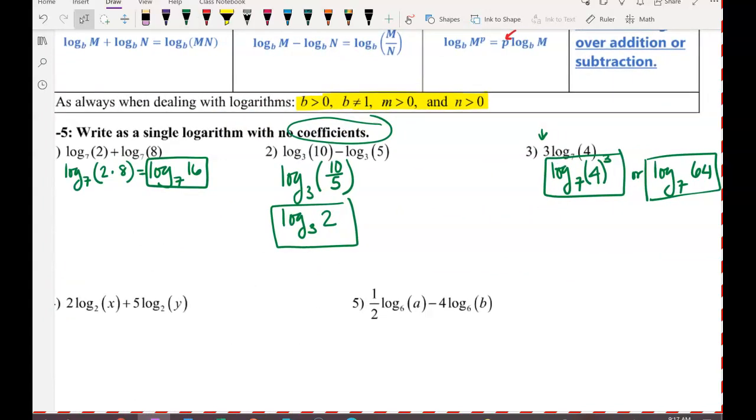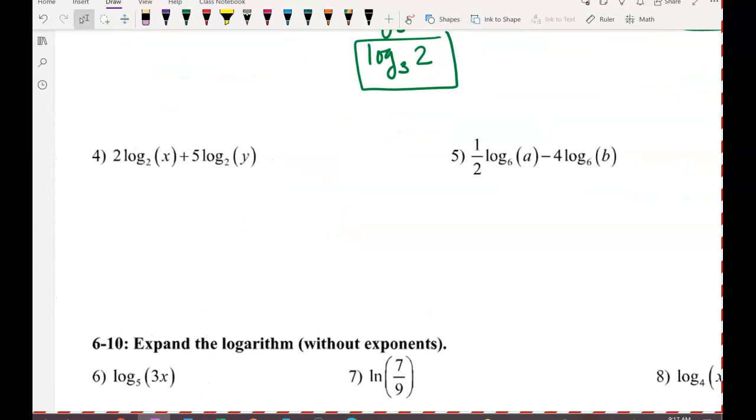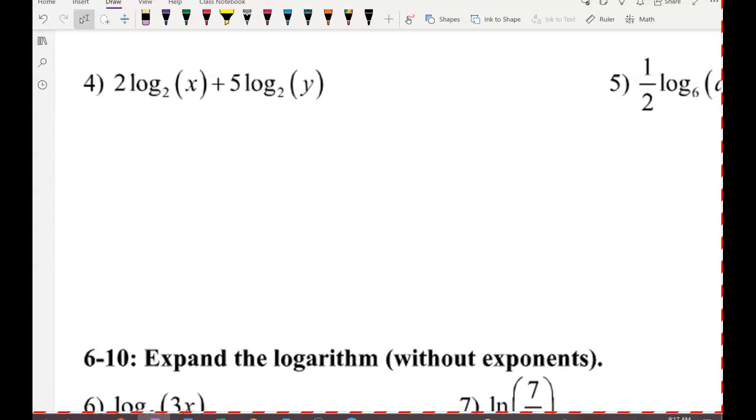All right, number 4. Here we go. We have coefficients of 2 and 5 in the front, right, guys? So we can't keep it. So first, 2 times log base 2 of x. Rewrite it as what? Log base 2 of what? X to the what? Power of what? 2. Plus log base 2 of what?